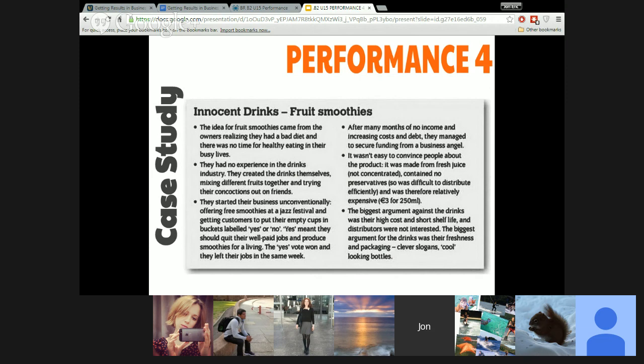I bet on Innocent Drinks. Innocent Drinks. Okay. And what strategy? What should we advise them? I put more money on marketing strategy.